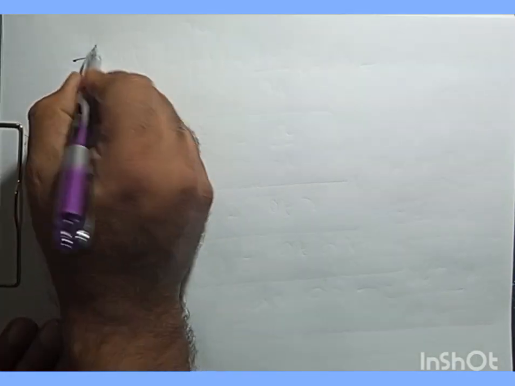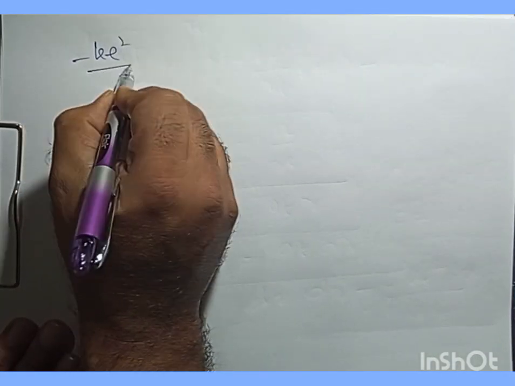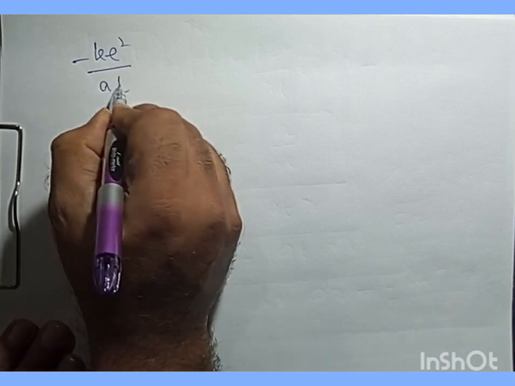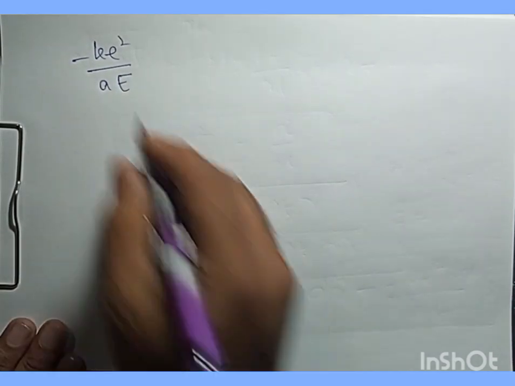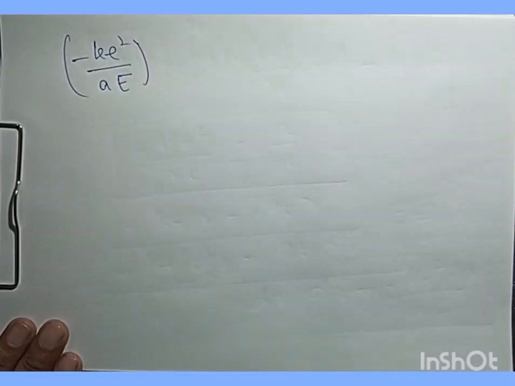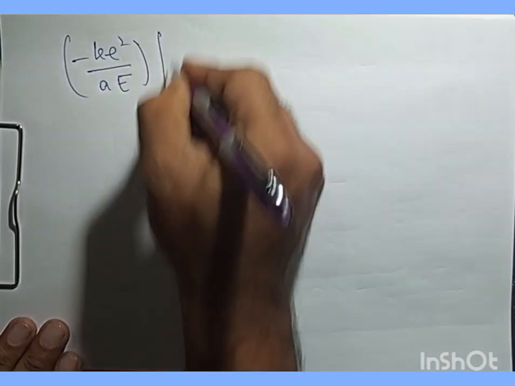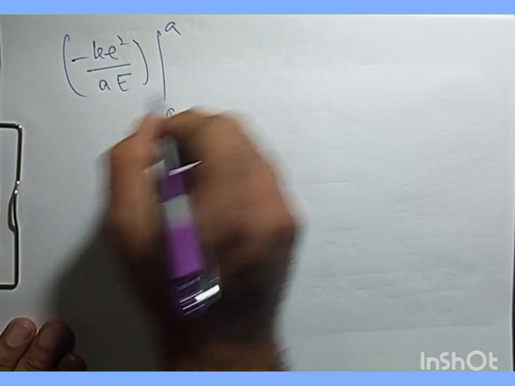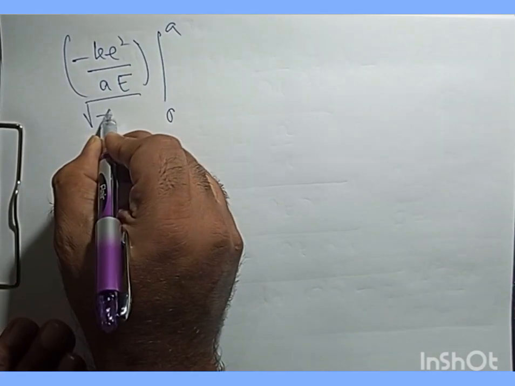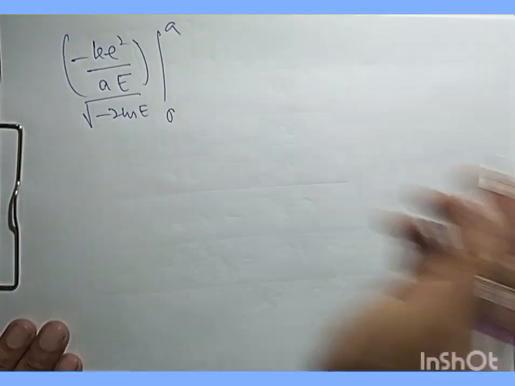So what we will obtain is minus K e squared by A E coming out for dx. Then we have the integral from 0 to A, and I forgot the square root of minus 2mE.